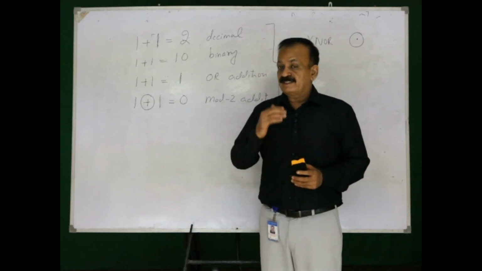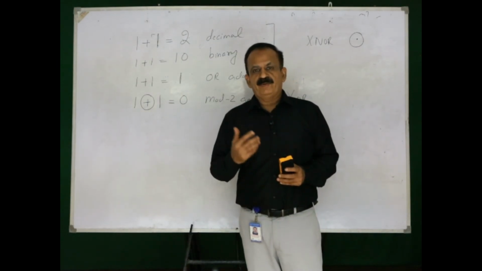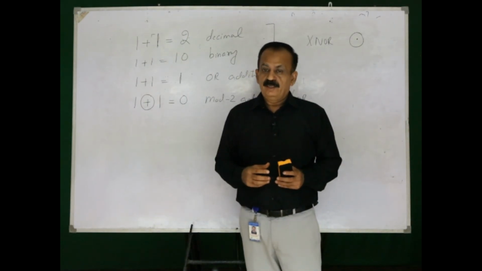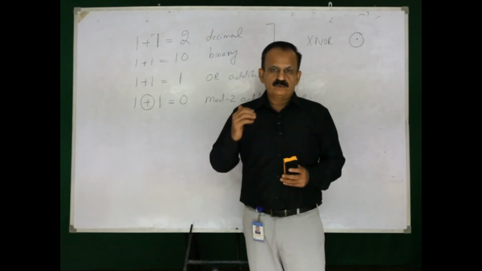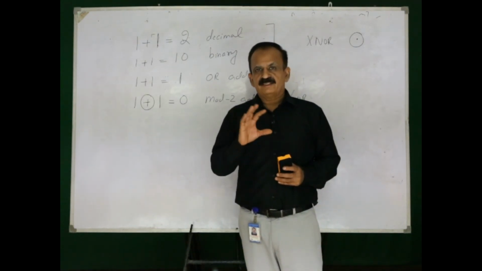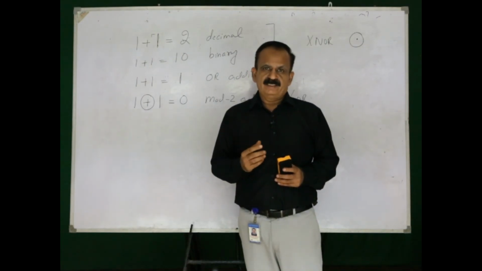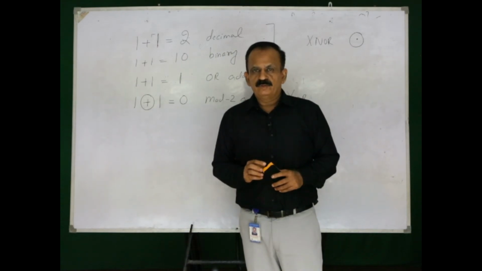I think this can be thought of as a way of comparing two bits. Now I leave this question to you, just try to understand how this particular gate can be used for comparison. Thank you very much.